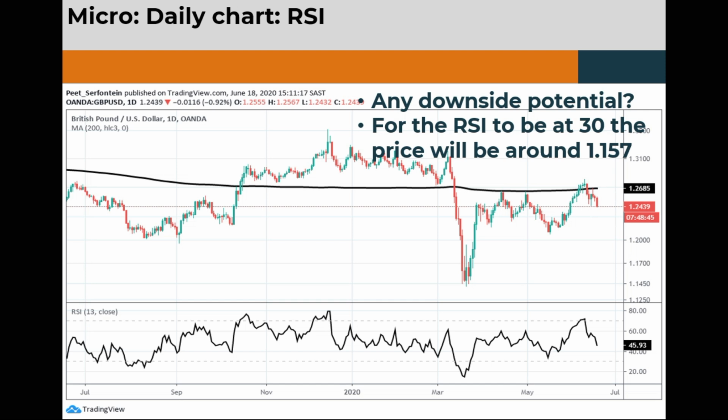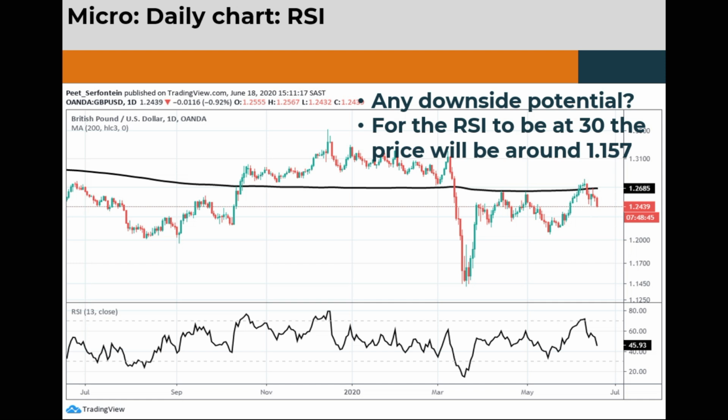If the reading is above 70, it's overbought. If it's below 30, it's oversold. So as soon as the price action is getting close to 30, it's an indication of oversold territory, and there's increased probability that the specific market will perhaps evolve into an upward correction from here.